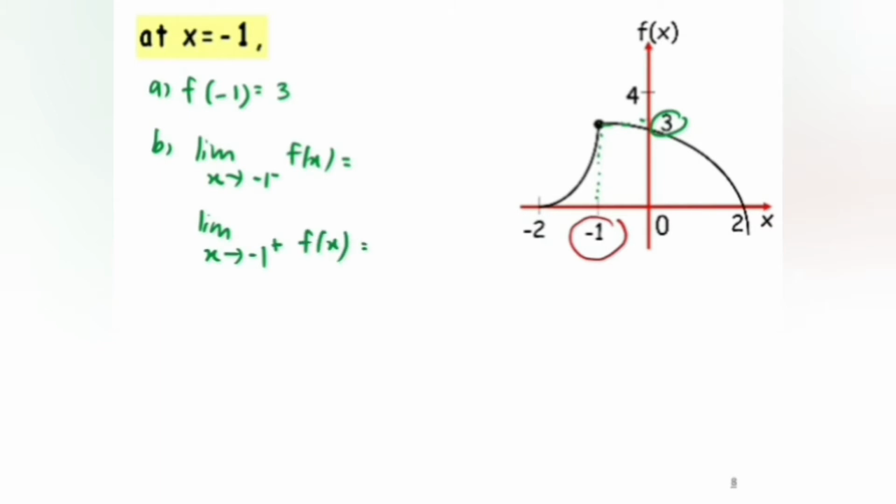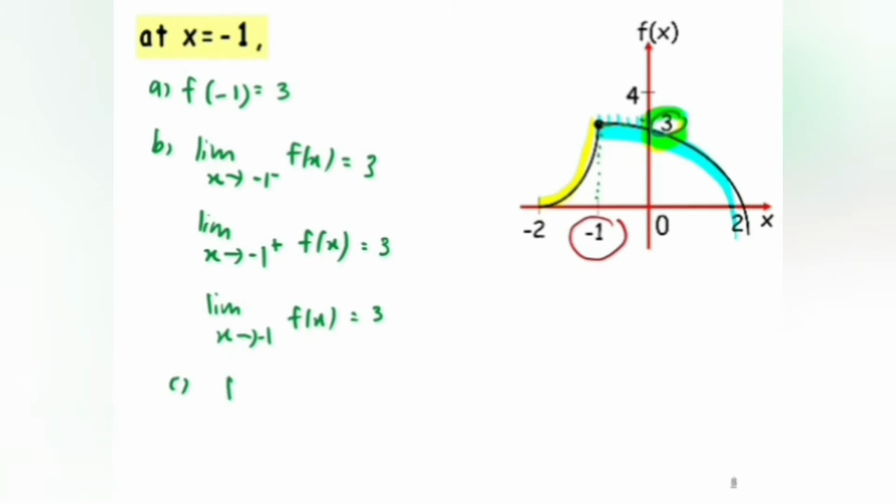For the left-hand limit, refer to the graph. As x approaches -1 from the left, the function is 3. And as x approaches -1 from the right, f(x) approaches 3 also. Since the left-hand limit equals the right-hand limit, the limit as x approaches -1 of f(x) exists, which is 3.